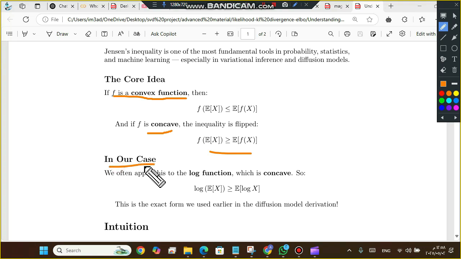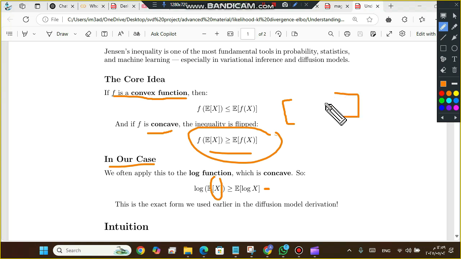So in our case, the log of the expectation of something is always greater than or equal to the expectation of the log of something. If you want to understand more about the intuition behind this inequality, I will refer you to a YouTube video that you can watch in order to better understand the intuition behind this inequality and how it came about.